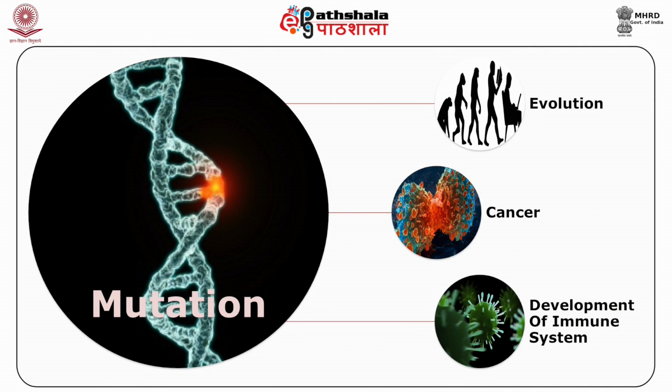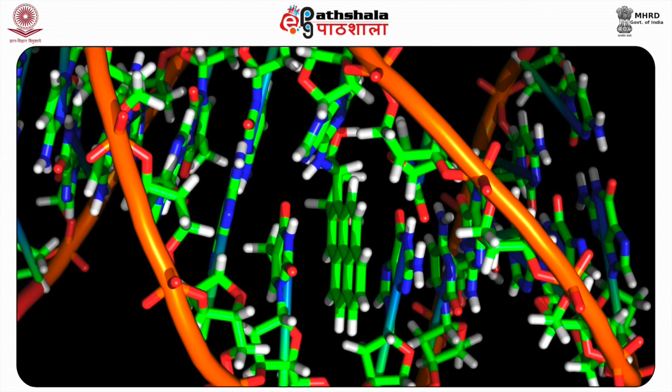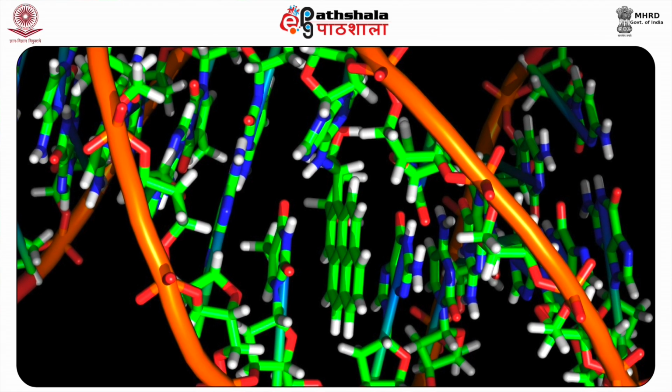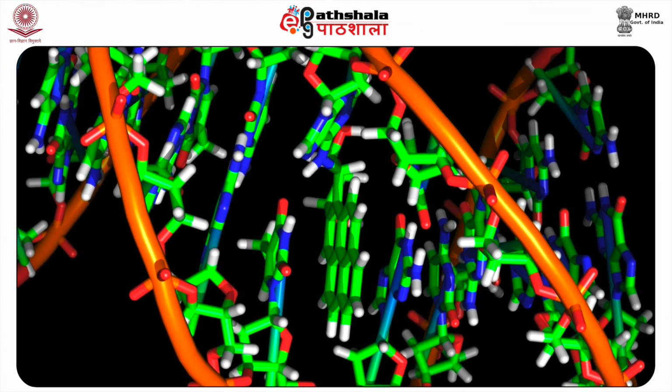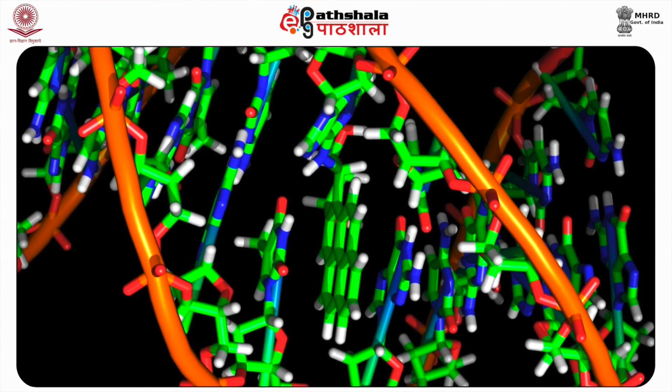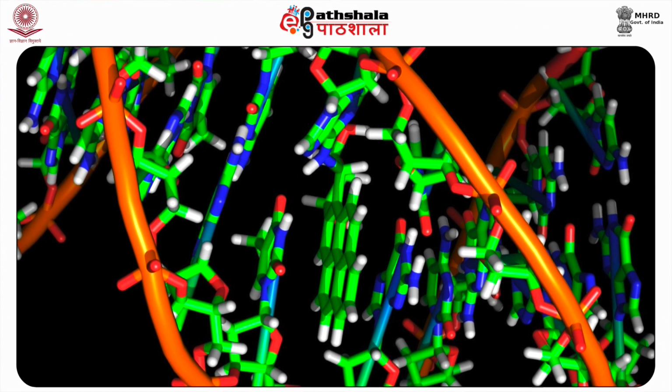Mutations play a part in both normal and abnormal biological processes, including evolution, cancer, and the development of the immune system, including functional diversity. Mutation can result in several different types of changes in sequences.